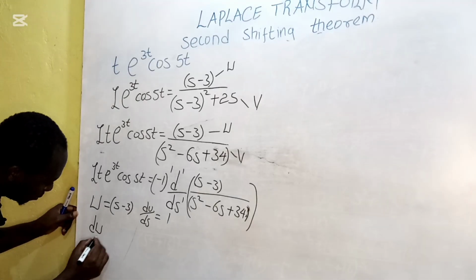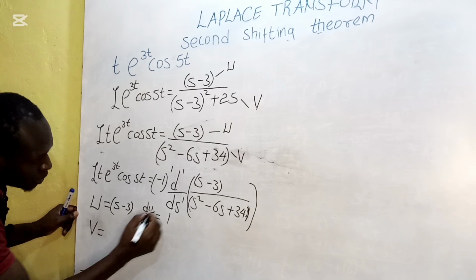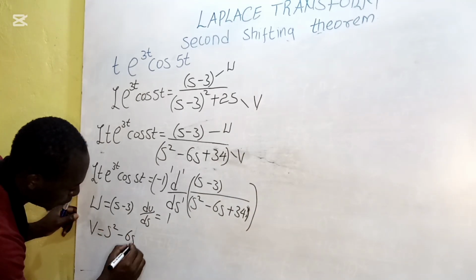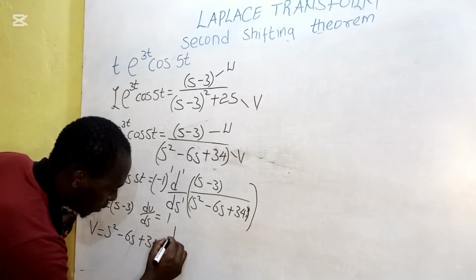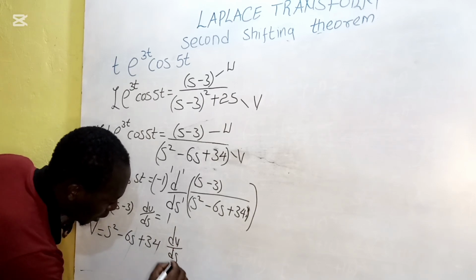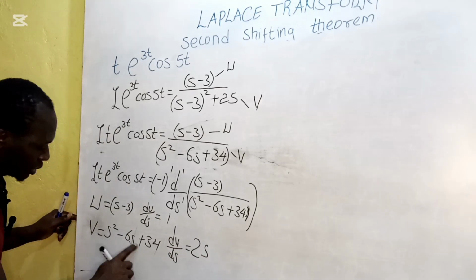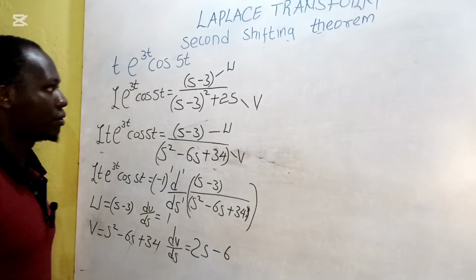Our v is equal to s squared minus 6s plus 34. Our dv with respect to ds is equal to 2s minus 6, because when we differentiate 34 we are going to have 0.